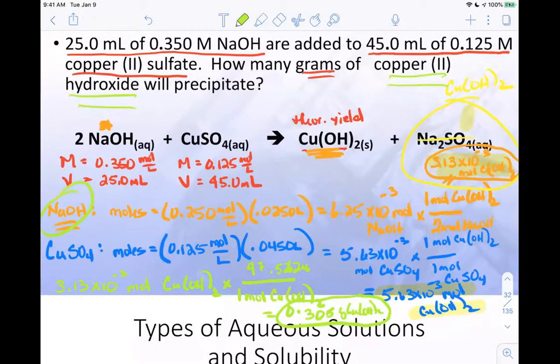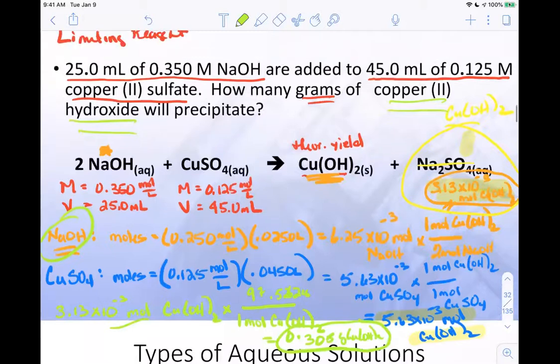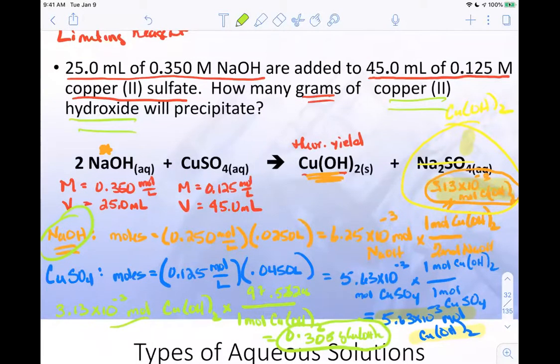When I do that, I'm going to find out the mole amount of the copper hydroxide, the theoretical yield that I could prepare, and then I'm going to go ahead and use the molar mass to figure that out. So this is a lot more work in this problem.